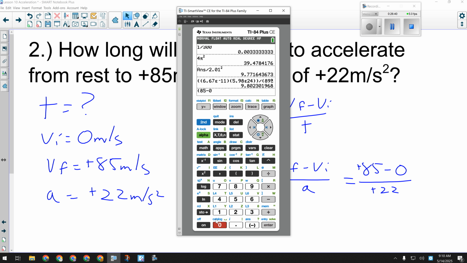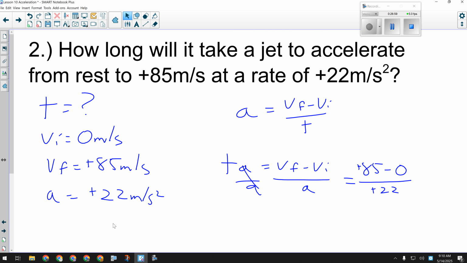If you don't, it will divide that number by what's on the bottom and then subtract that from 85. Is that the same thing? It's not. So you have to outsmart your calculator by doing this. So we get 3.9 meters, or sorry, 3.9 seconds, because we're solving for time. 3.9 seconds.